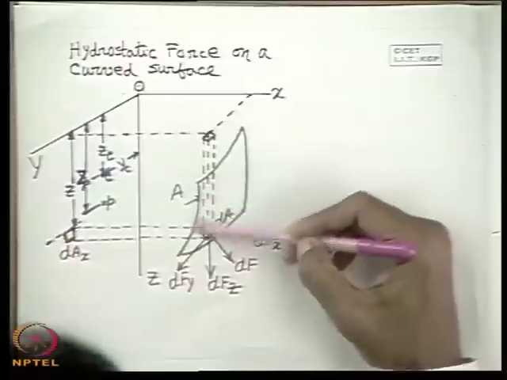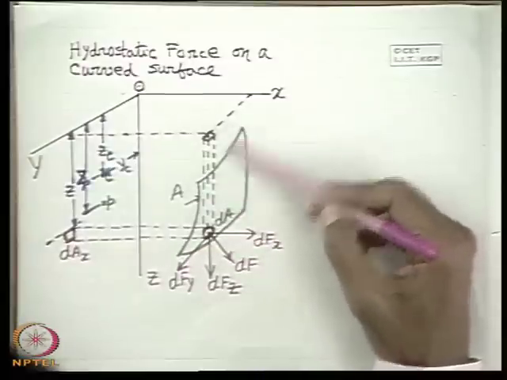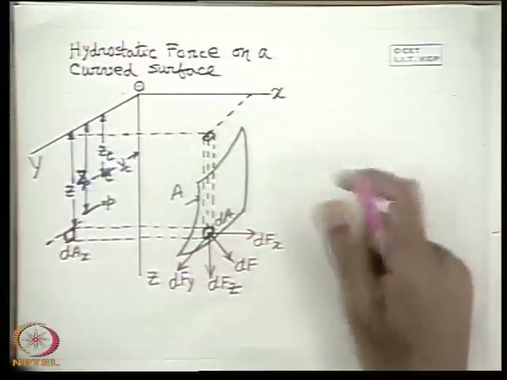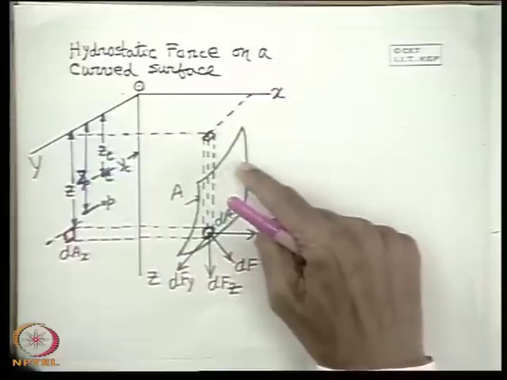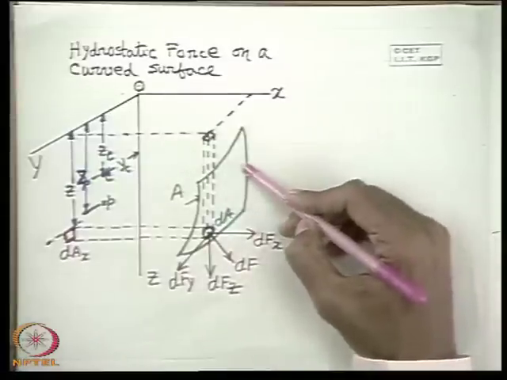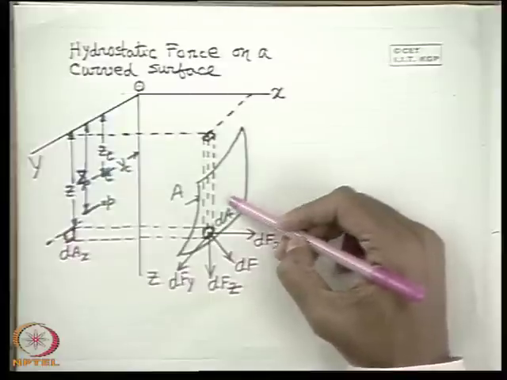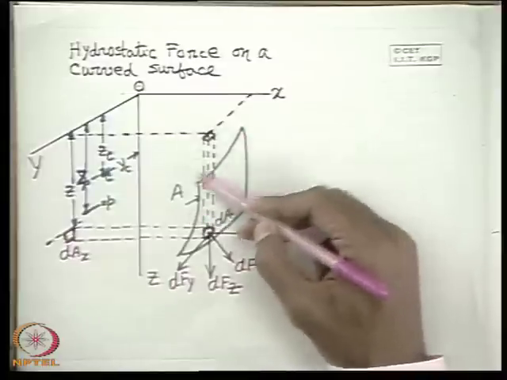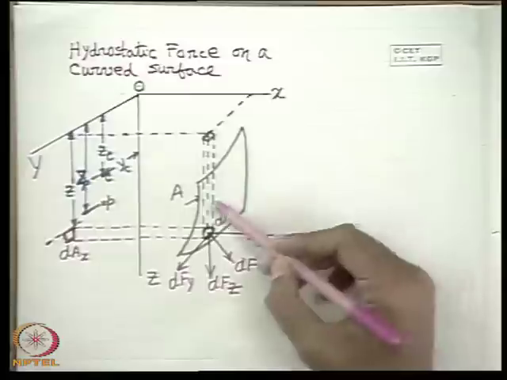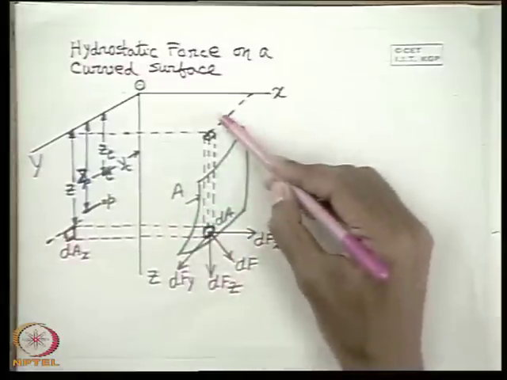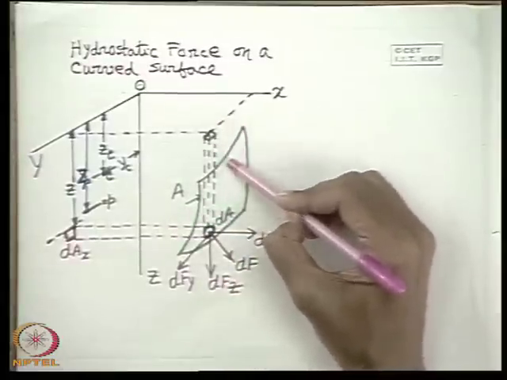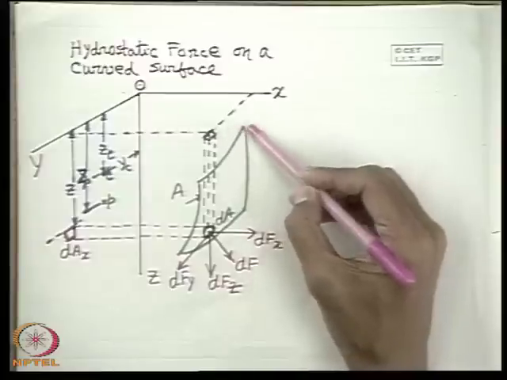But the difference between this and a plane surface is that at each and every point the force is normal to the surface, and these normals are not parallel. In the case of a plane surface, the force on each elemental area is normal to the surface and they are parallel to each other.